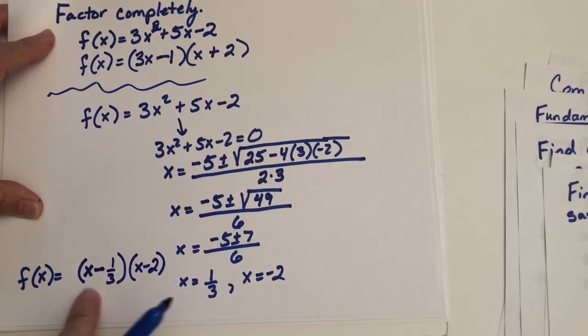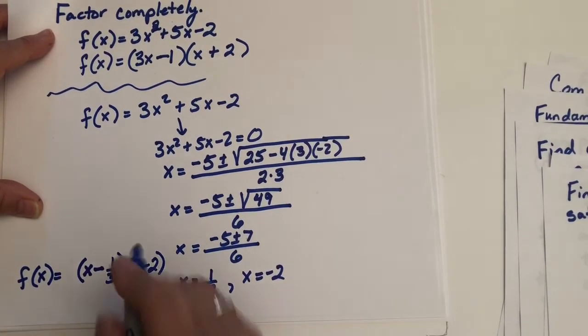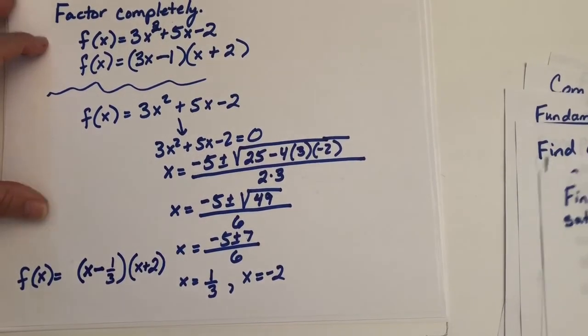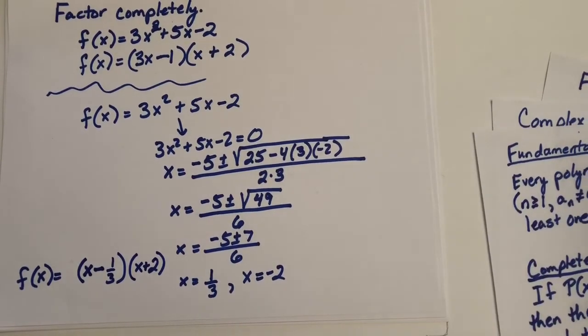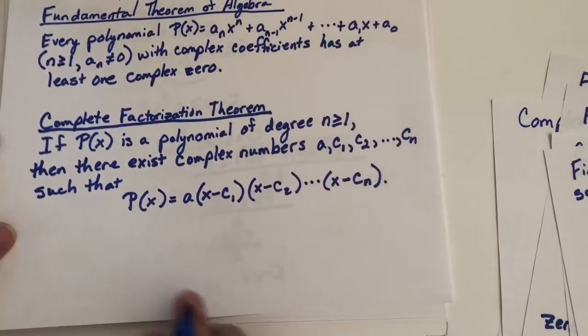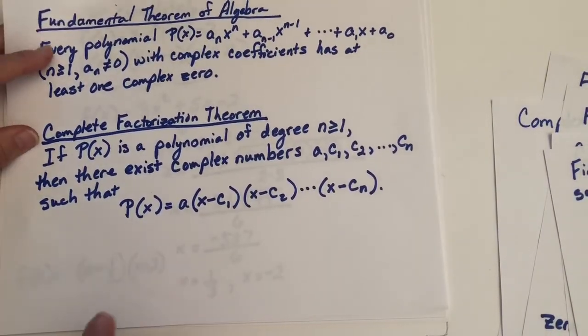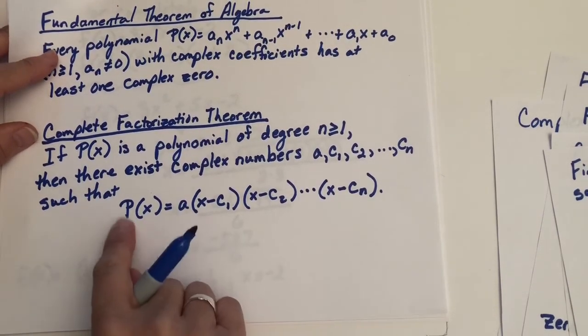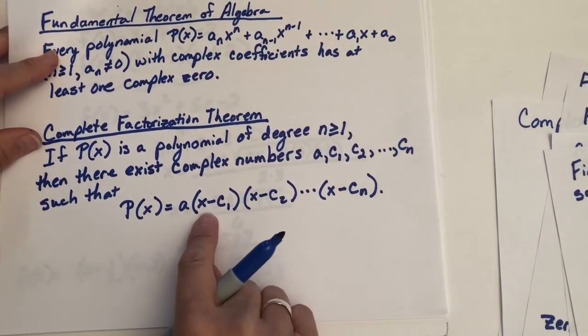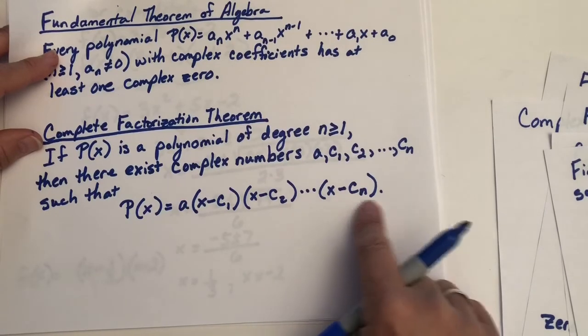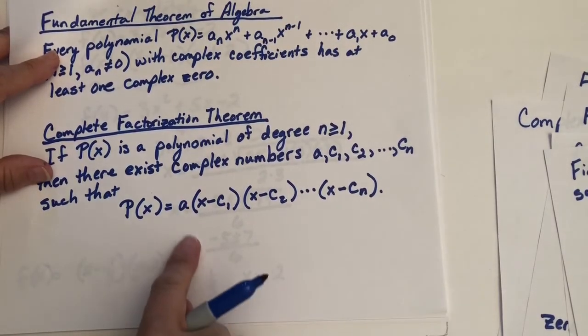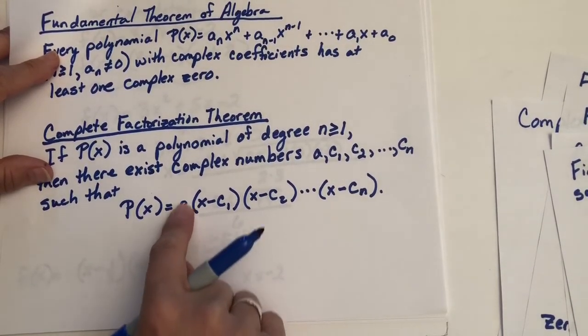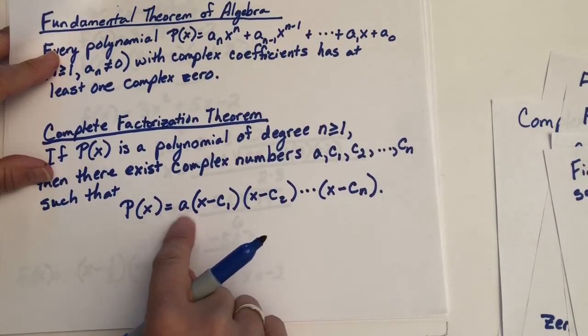And they present this answer. Oops, not that. Minus negative 2 would make this a plus 2. But remember, the complete factorization theorem says this. Your polynomial will be factored into x minus the 0, x minus the 0, x minus the 0, with some leading coefficient that you need to consider.